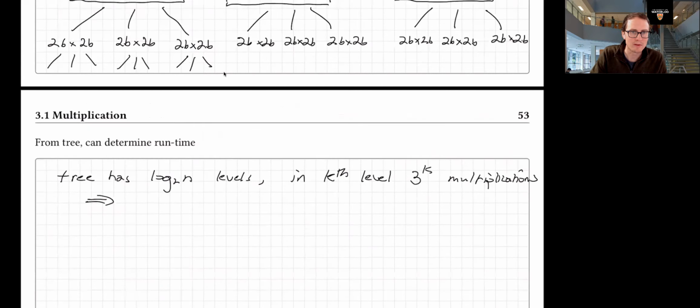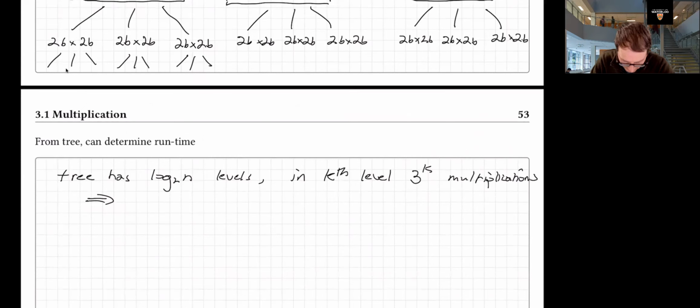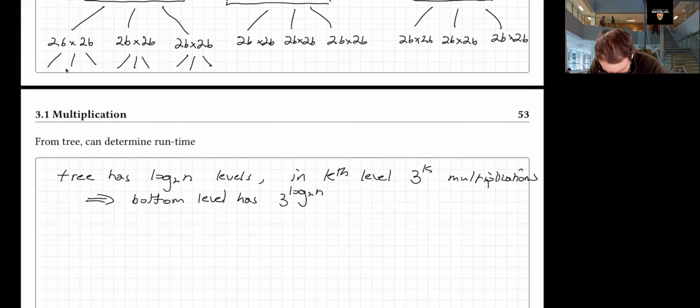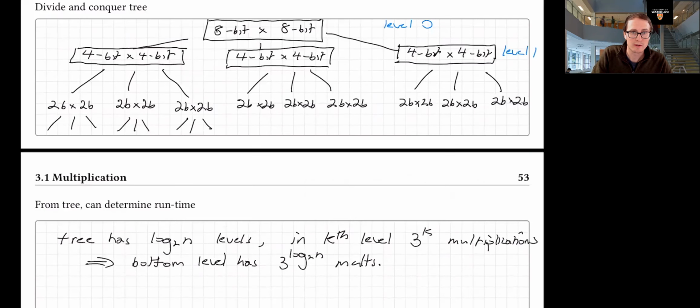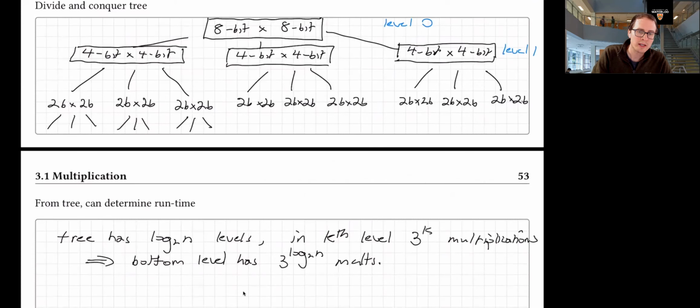That means that the bottom level has 3 to the power of log base 2 of n multiplications. In this case, the log base 2 of 8 is 3. So we get 3 to the power of 3 multiplications in the bottom level, which is 27. And that's exactly what you're going to get, because each one of these 9 nodes has 3 children. 9 times 3 is 27.